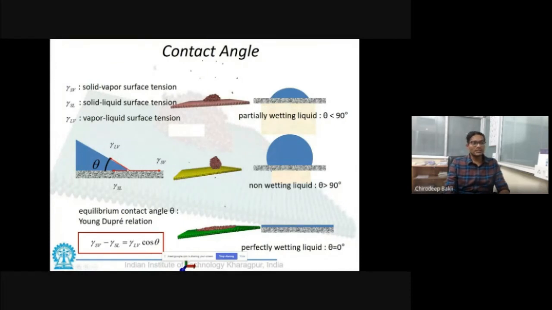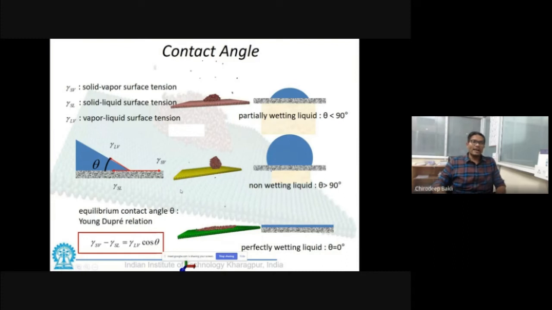As we know, different interfacial tensions act at the interface: the solid-vapor interfacial tension acting outwards, the liquid-vapor interfacial tension acting along the surface of the liquid, and the solid-liquid interfacial tension acting within the fluid. A combination of these is given by the Young-Dupré equation, or more commonly called Young's equation, and this cos theta is the contact angle.